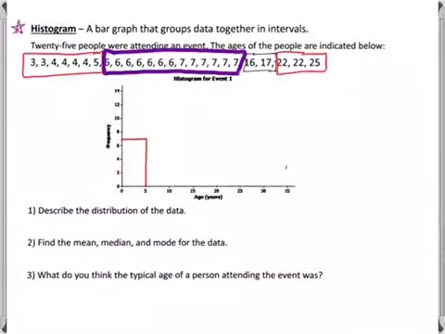We've got 13 values. And then we don't have anything from 10 to 15. From 15 to 20, we've got 2. And then 22 to 25 here, we've got 3 values. So like that.